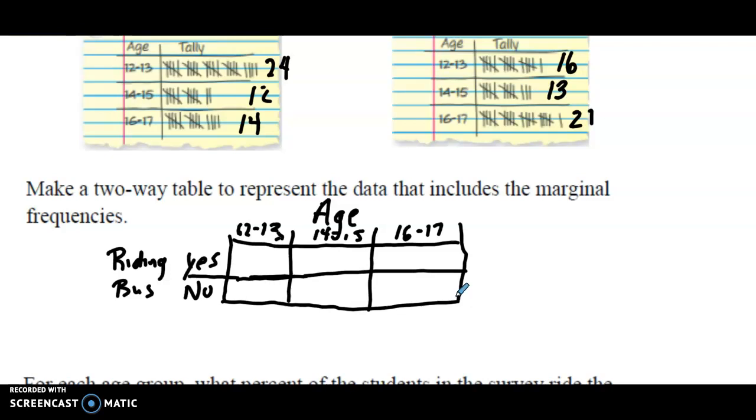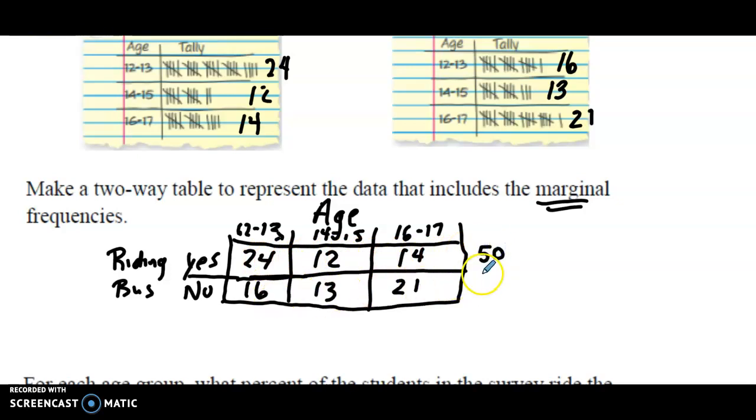So our yeses were 24, 12, and 14. Our no's were 16, 13, and 21. And then we had to include the marginal frequencies in here, so we're going to have to do our totals. When I add up this row, I'm going to get 50.